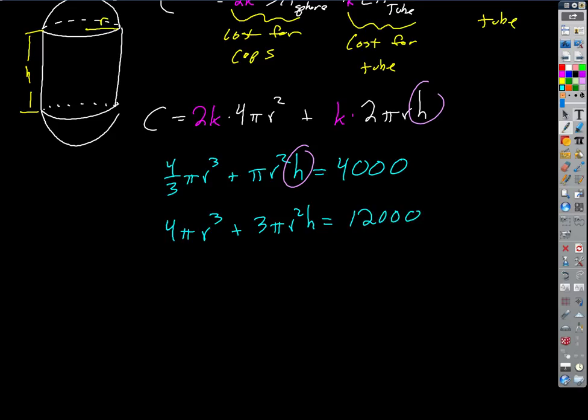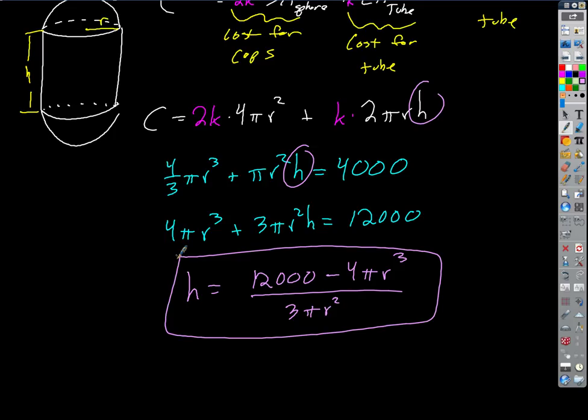Now we'll solve for h. So h equals 12,000 minus 4 pi r cubed all over 3 pi r squared, right? And we can make that substitution. Okay, and it's going to look kind of ugly, but we're going to have a single equation that we can do calculus with.